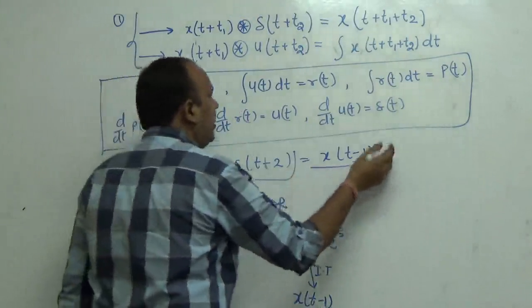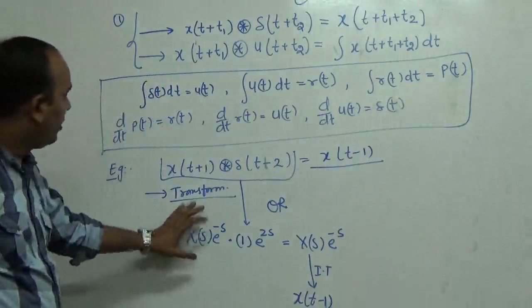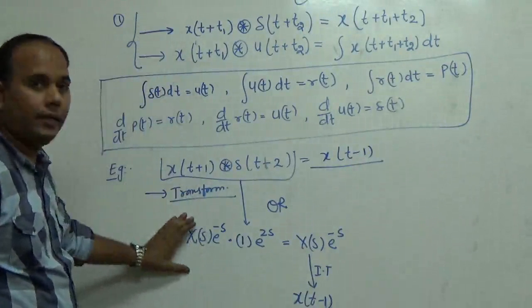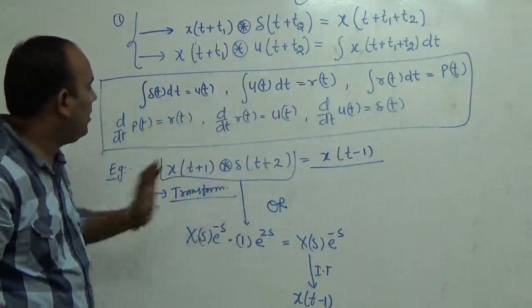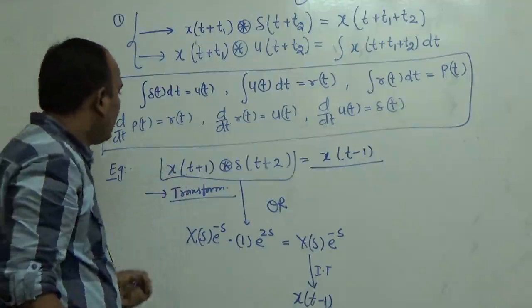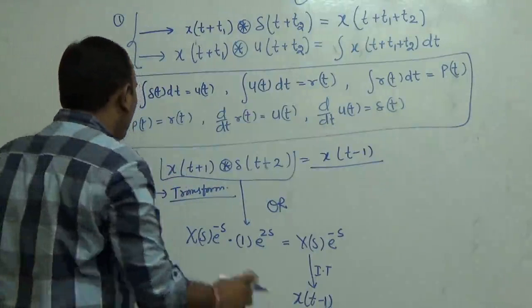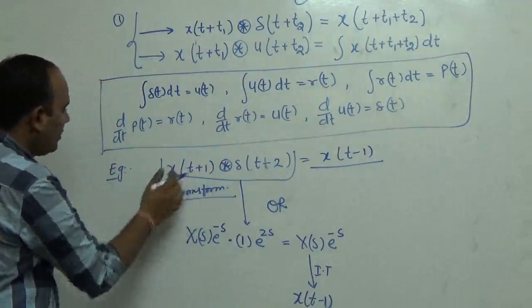First one is the direct formula, this one. You can also make a derivation of this formula by using this concept. So this is the first part and this is the second part. Or you can say, in a graphical way, what is x(t+1)?